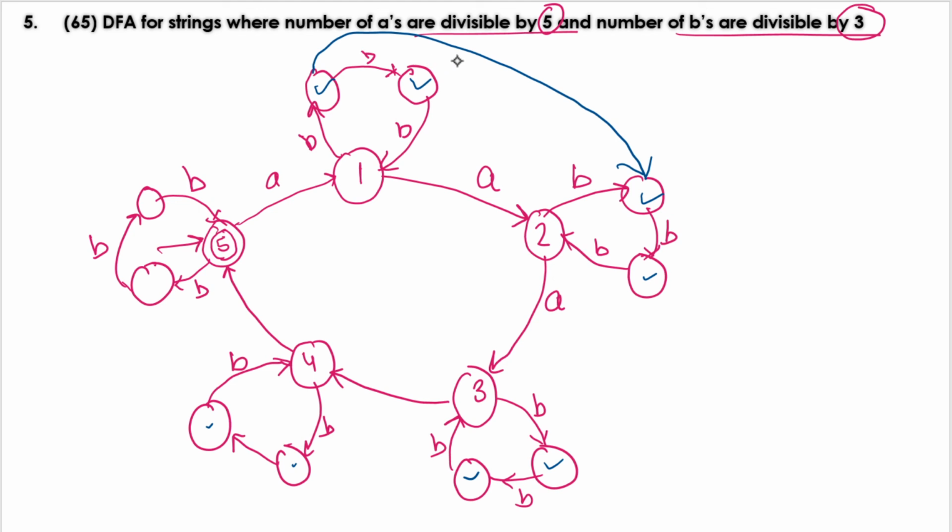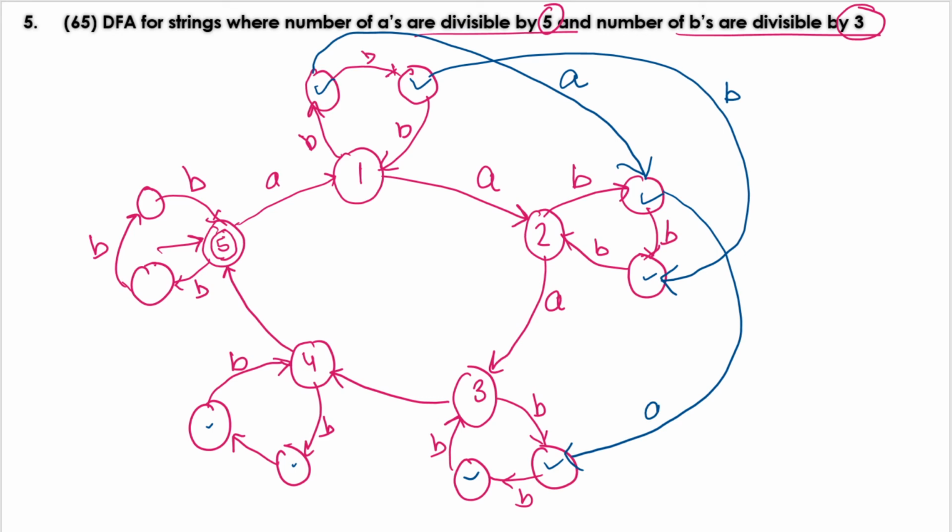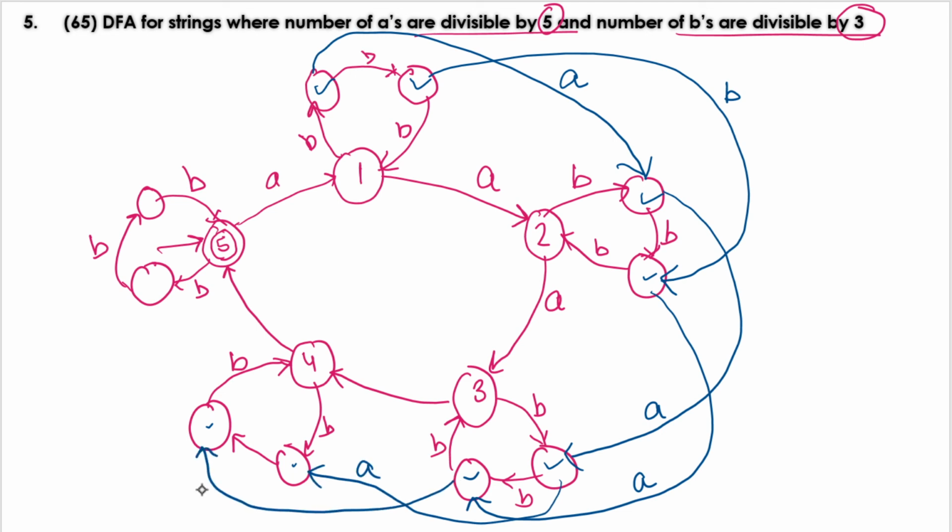From the second, for A, because we have not marked the transition from these states for input symbol A, we need to move to the second state of the loop. Just repeat this process and your question is complete. From the first state move to the first state of the next loop, from the second state move to the second state of the next loop, from this first move to the first here, from this second move to this second.